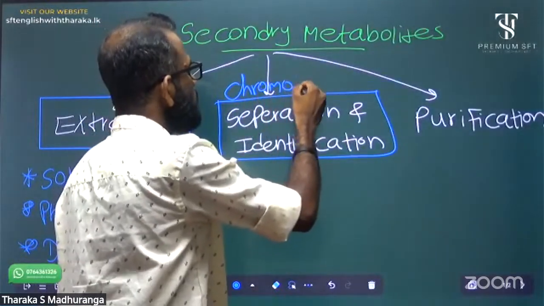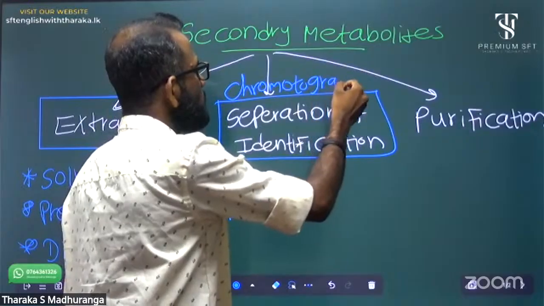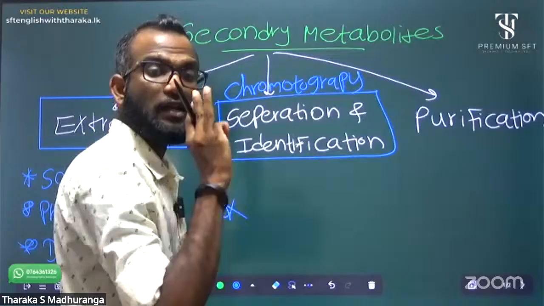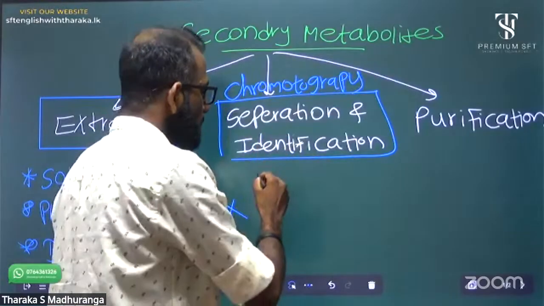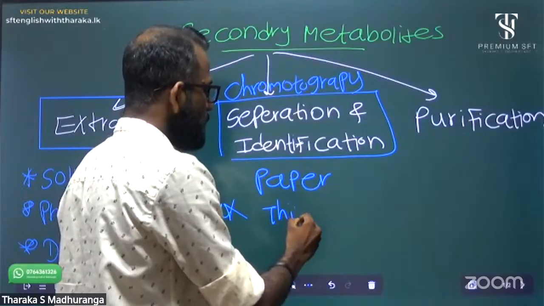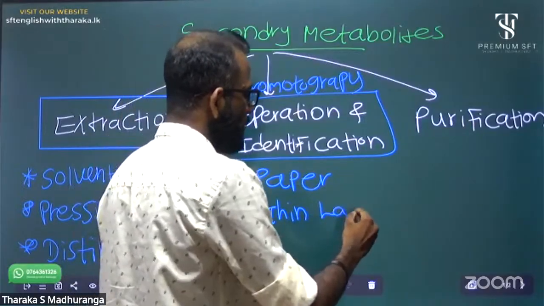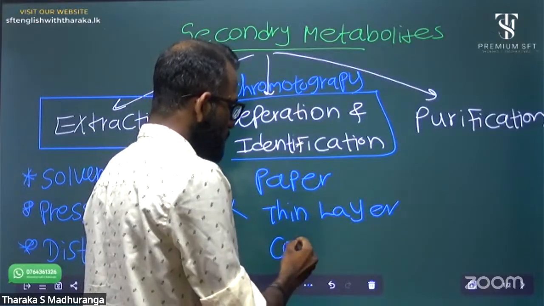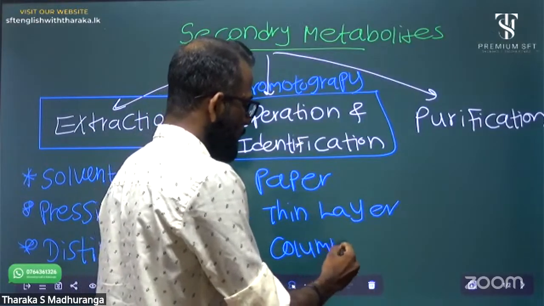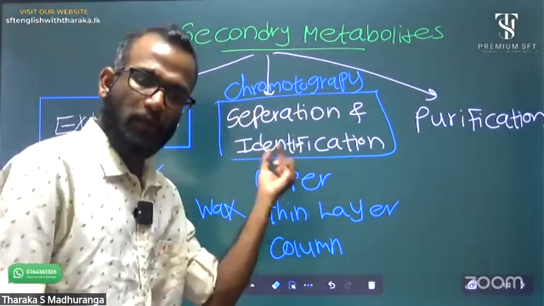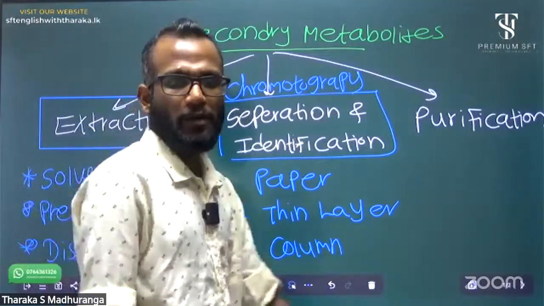Chromatography methods are mainly three types: paper chromatography, thin layer chromatography (TLC), and column chromatography.